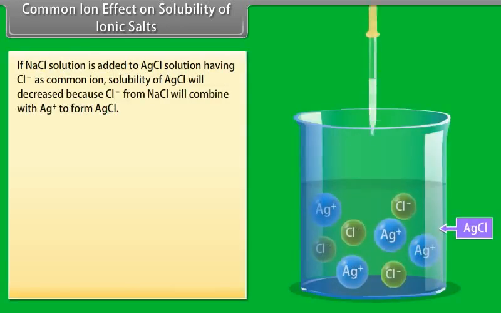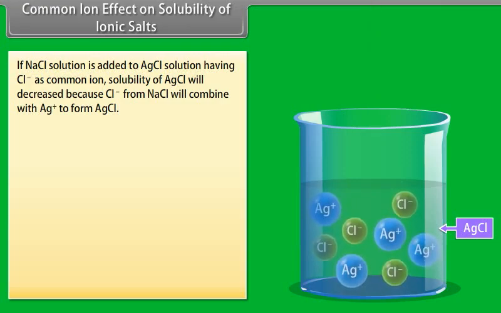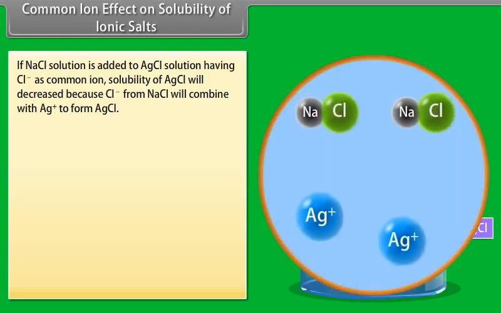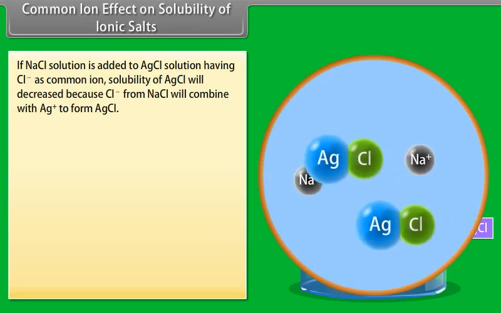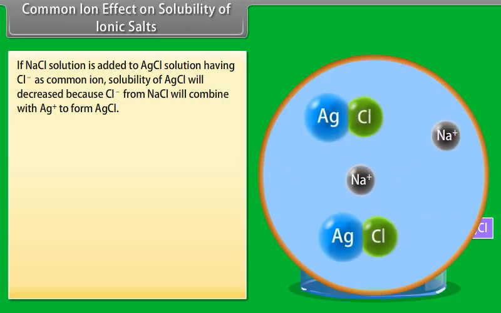Common ion effect on solubility of ionic salts. If NaCl solution is added to AgCl solution having Cl− as common ion, solubility of AgCl will decrease because Cl− from NaCl will combine with Ag+ to form AgCl.